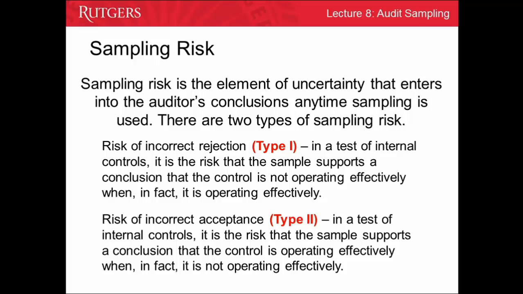When using audit sampling techniques to obtain evidence, the auditor must always accept some sampling risk. Sampling risk is one reason why auditors must accept some detection and audit risk.